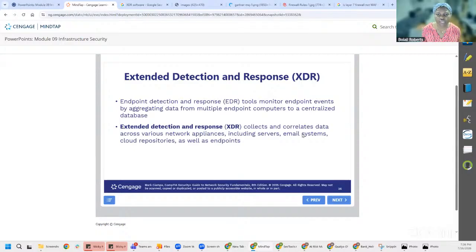It's a tool that monitors an endpoint, looks at your system, and collects data from your system or from multiple endpoints and aggregates it to a centralized database. This helps the security team to figure out threats and intrusions that might be affecting the endpoint.